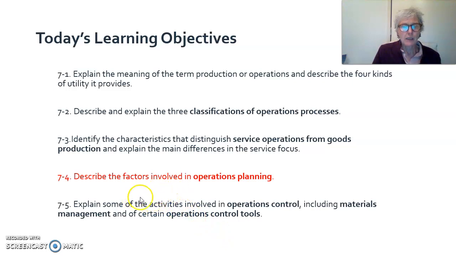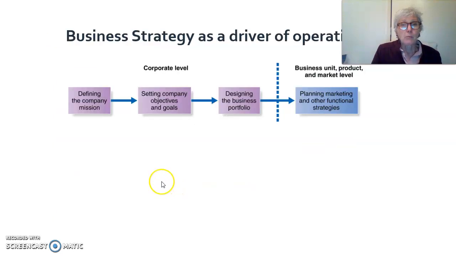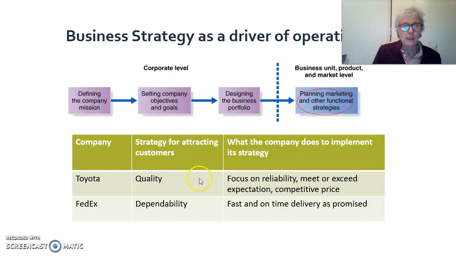Let's have a look at the factors that are involved in production planning. But first, strategy, of course, is the driver of operations. After deciding upon the strategy, plans are developed. Now, Toyota and FedEx have formulated strategies for attracting customers.